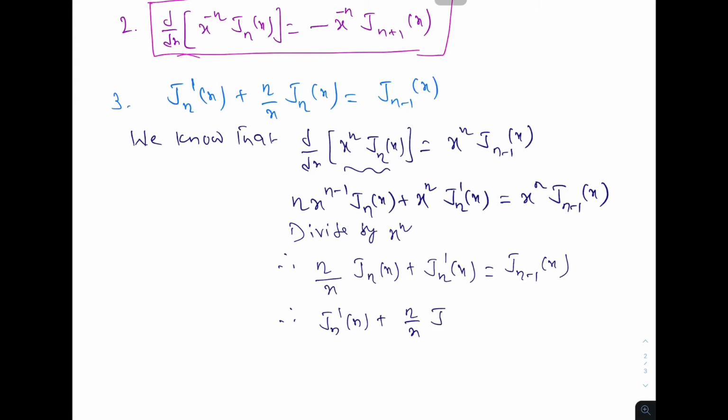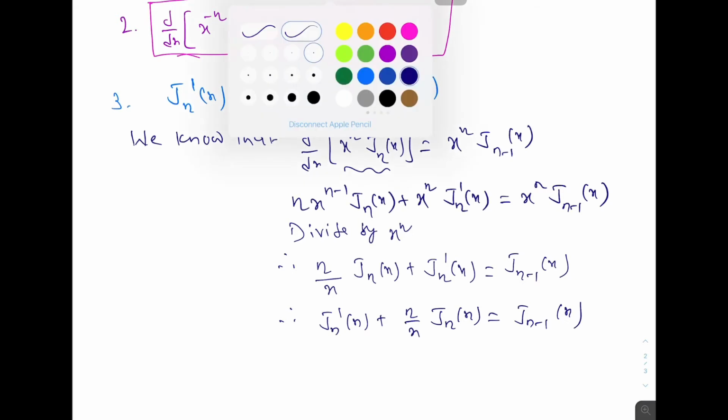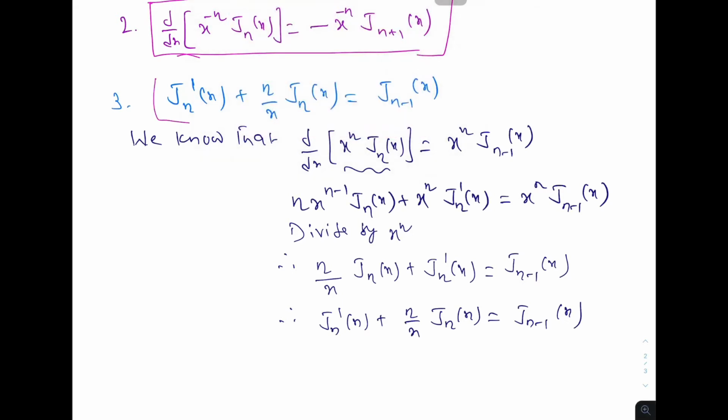So that's the result, that Jn dash x plus n by x Jnx equal to J n minus 1 x. So this is our third property.